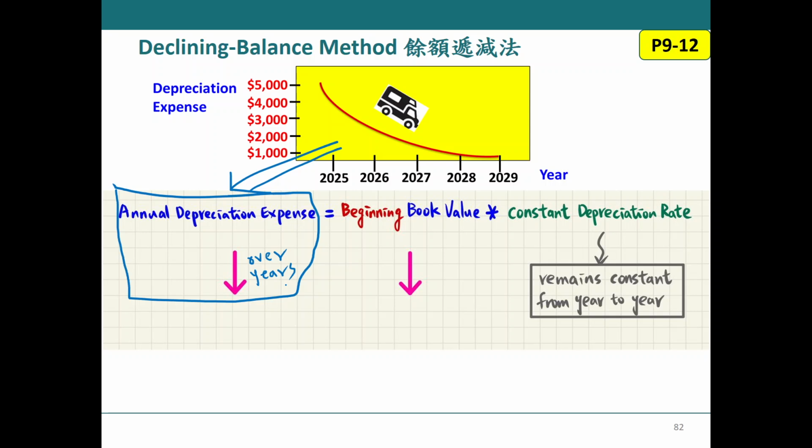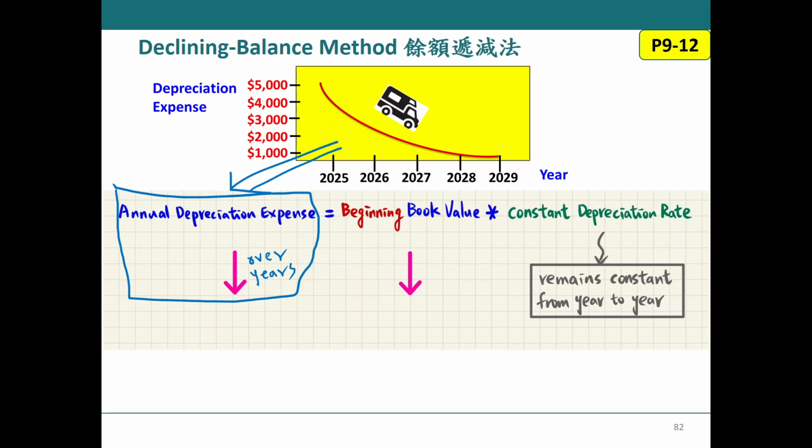折旧费用每年逐渐降低. Okay? In order to get the result, that's why we use the formula right here. So what's the formula we are going to use? Beginning book value times constant depreciation rate. Beginning book value 起初账面价值. How to get the book value?